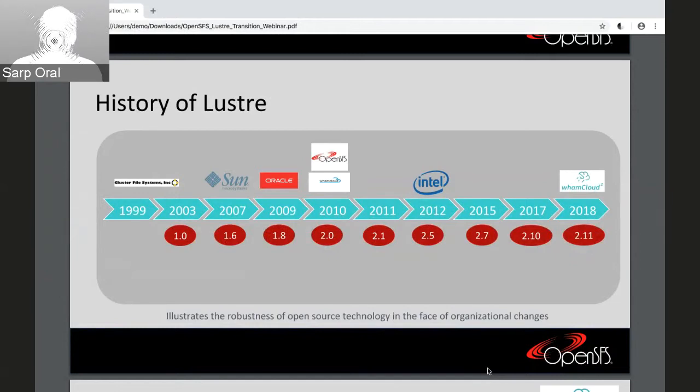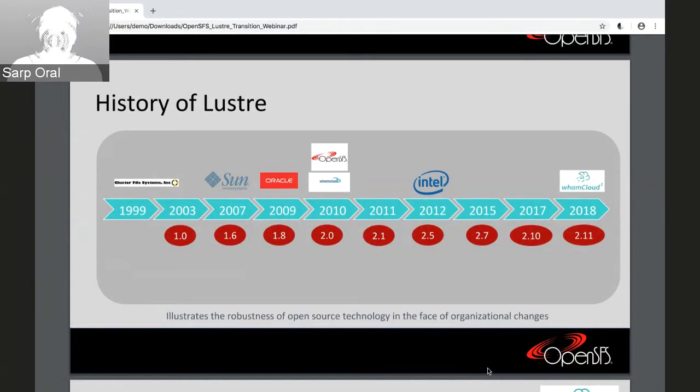And then we had the turmoil starting in 2010, which promoted the establishment of OpenSFS. And since then, as you can see, there is relative tranquility, and OpenSFS has been a presence throughout that time.